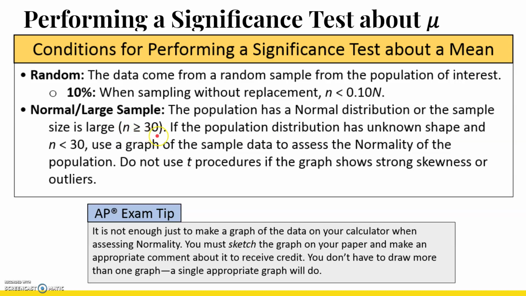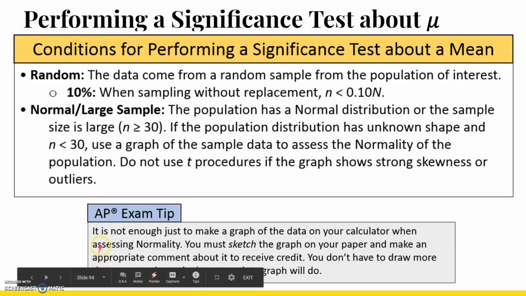Or if you have no idea of the shape of the population and it's less than 30, you're going to have to graph the sample data to see if the graph has a normal looking shape. Basically what you want to look out for is strong skewness or outliers. Basically the same conditions as the confidence interval for a mean.